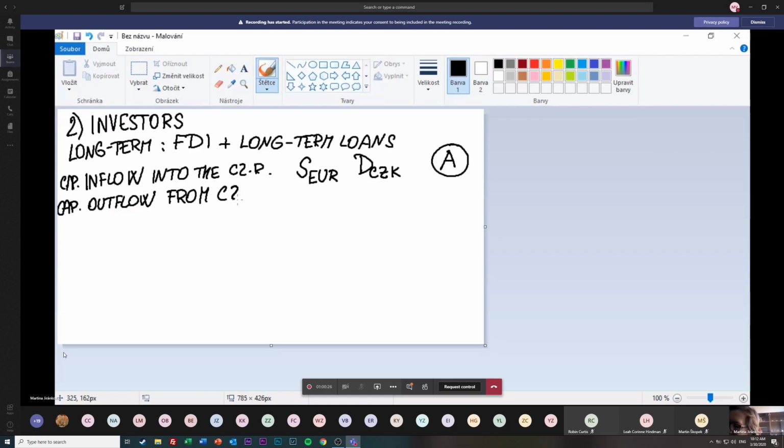So they have Czech crowns, but they need to buy abroad, land, hire people, build the factory, and so on. So they are demanding foreign currency. So now there will be the depreciation of our domestic currency.